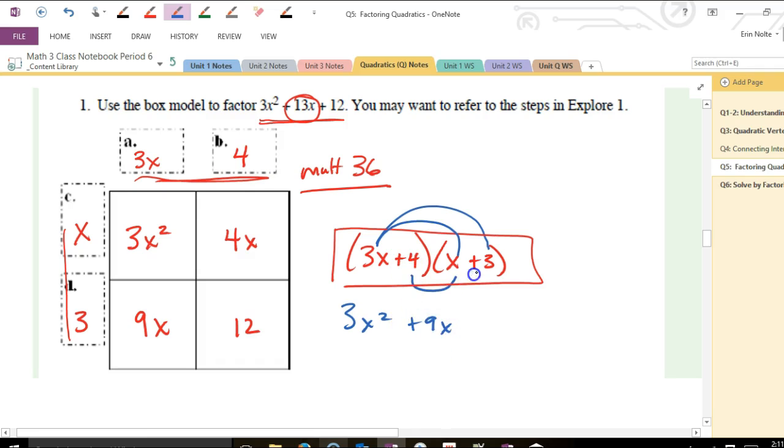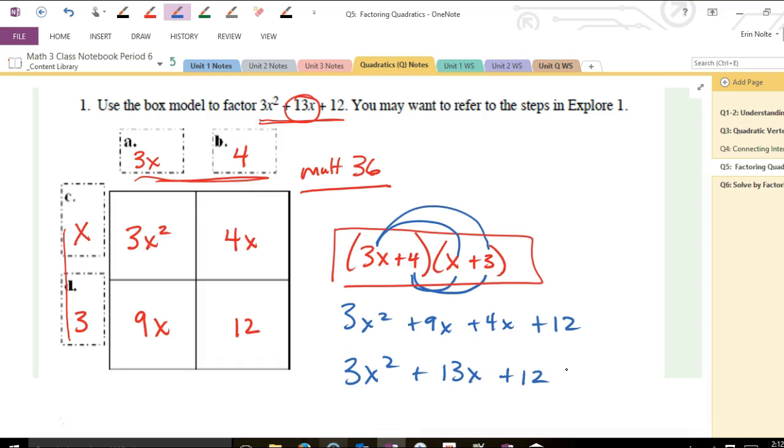And what's 4 times x? 4x. And what's 4 times 3? 12. If I add my like terms, I can add those x's. I get 3x squared plus 13x plus 12. Do you see how those are the exact same statement? They're completely equivalent. It's just two different ways to write it. One is standard form, the other is factored form.